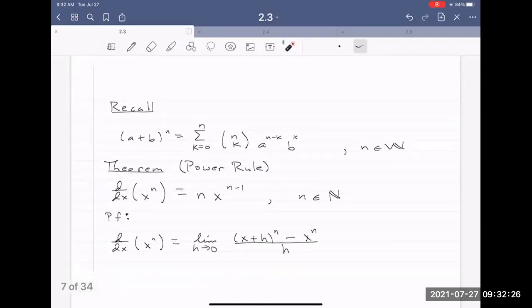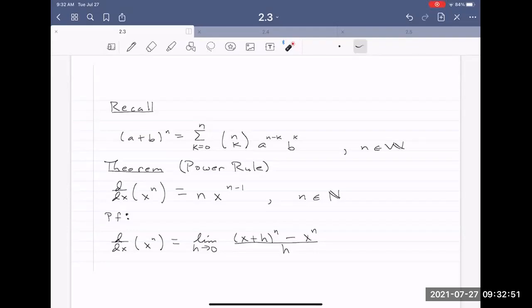Well, so now I'm going to prove this in general. So for any natural number exponent n, I'm going to show this. And I'm actually going to do this more than one way.